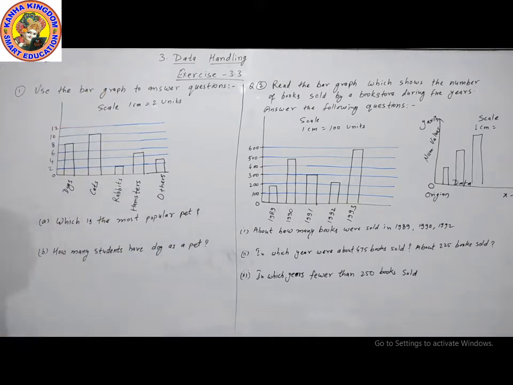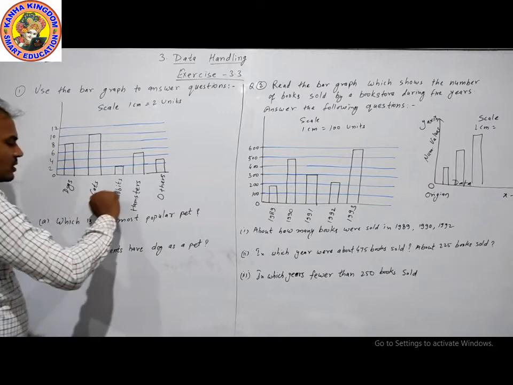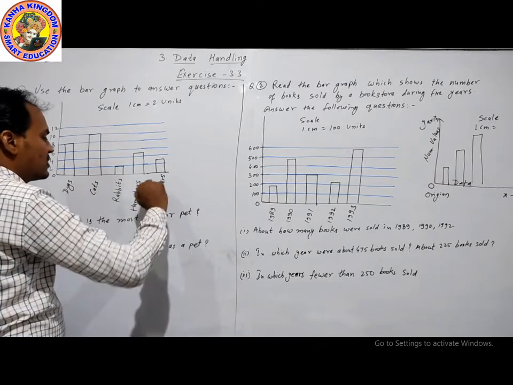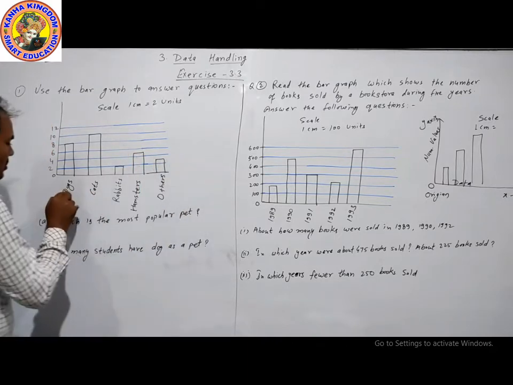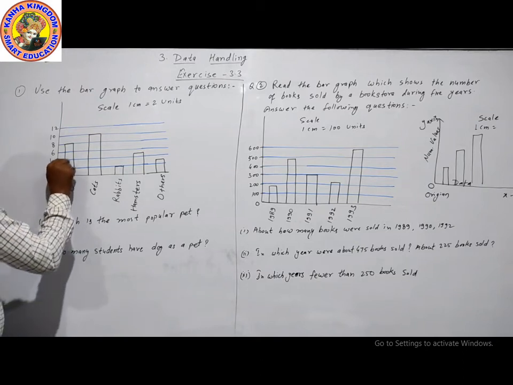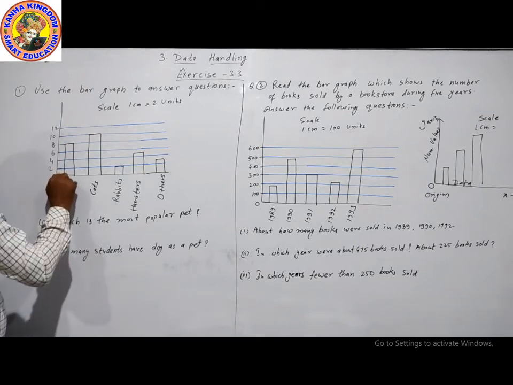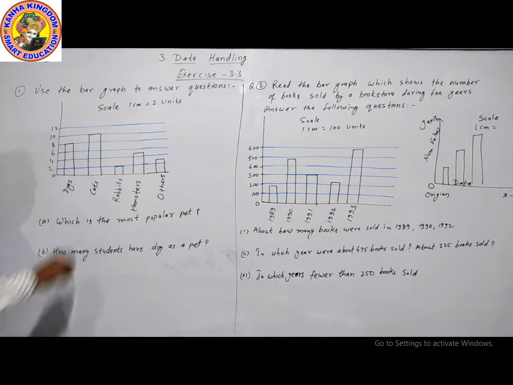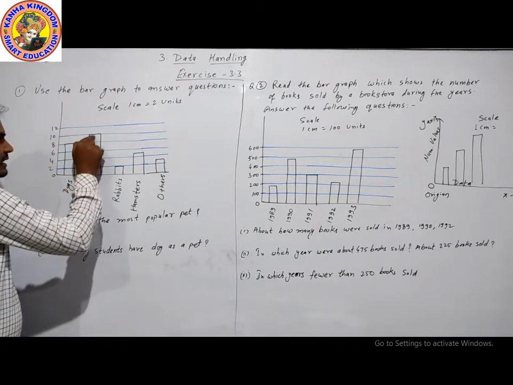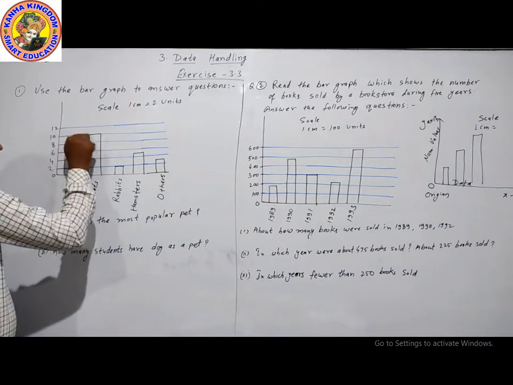Now question number first. Use the bar graph to answer the question. Here in the graph: 0, 2, 4, 6, 8, 10, 12. Here dog, cat, rabbit, hamster and others. The dog's bar is 0 to here, which means 8. The dogs are 8. The cat is here, this is 10.